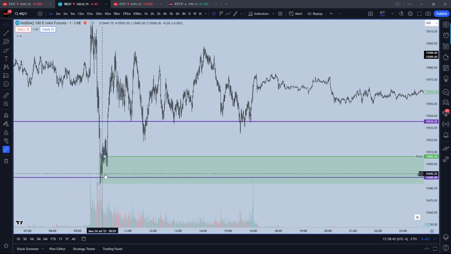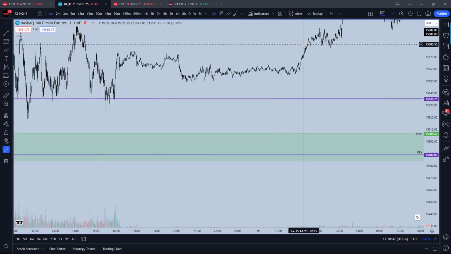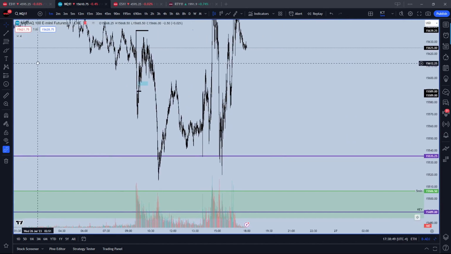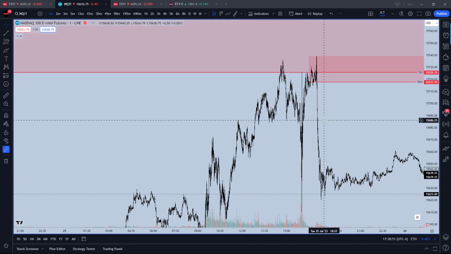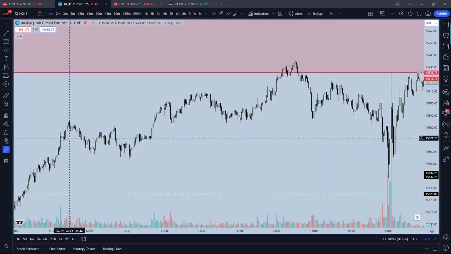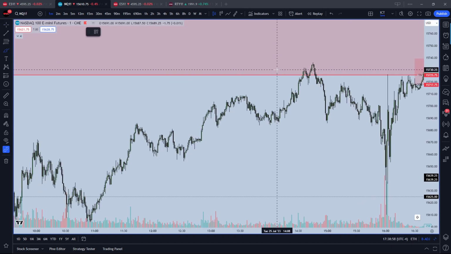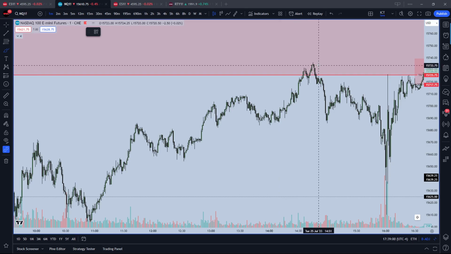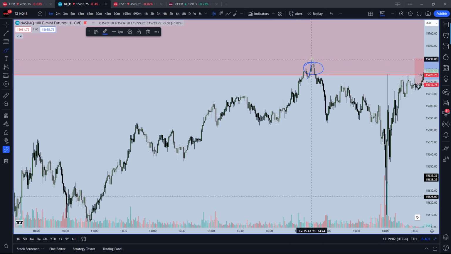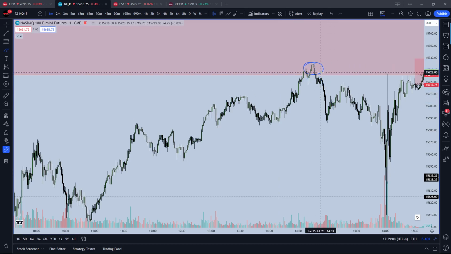Then what happens? You only need one good win a day. So going to the next day, we rally up into supply. Right towards the end of the day, we are finding resistance at supply. You could arm regression long up here, expecting buyers to push us up, get a short fill, boom, win.